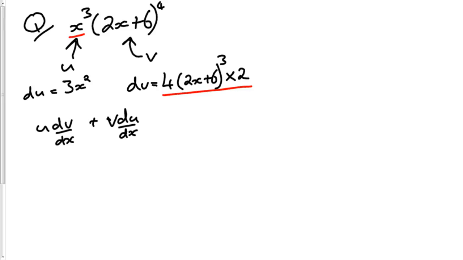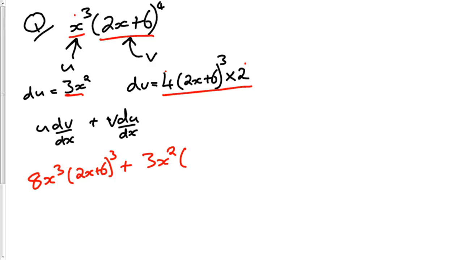So 4 times the 2 times the x cubed gives us 8x cubed, and that's multiplied by 2x plus 6 power 3 plus v du. So we've got v and we've got du. So that's times 3x squared bracket 2x plus 6 to the power of 4.